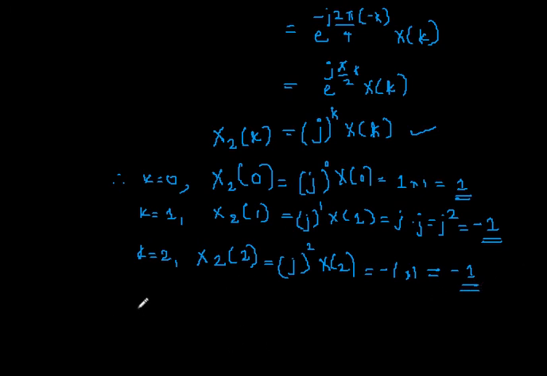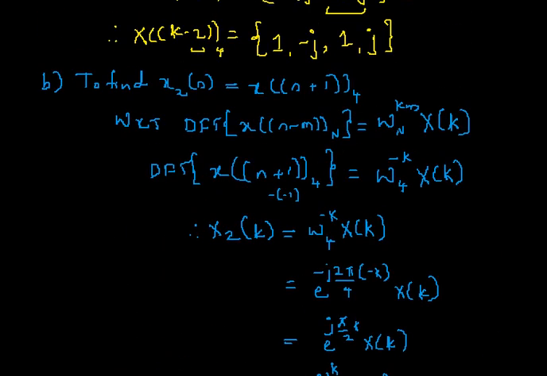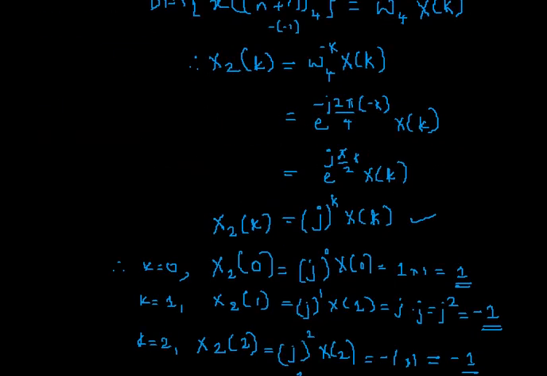Is that okay? Similarly, the last term I'll get by placing k equal to 3. I will get x2 of 3, which is equal to j to the power 3 times x of 3. j to the power 3, I can write as j square into j, which is minus 1 into j, so minus j. What must be x of 3? x of 3 is nothing but minus j.